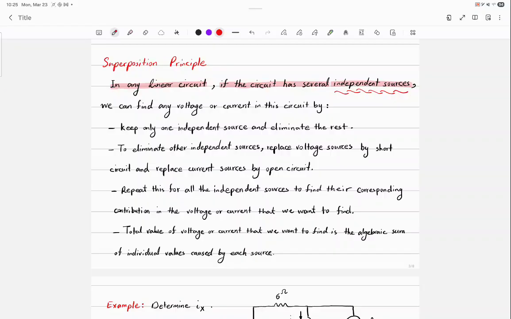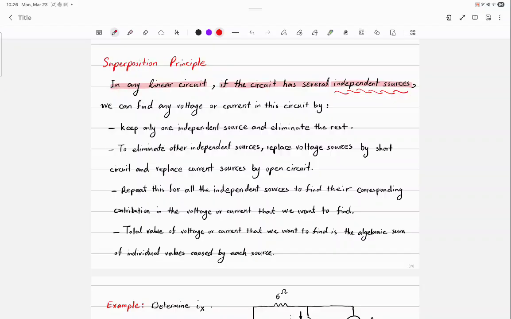Let me give you a specific case. So I'm allowed to remove all of them and keep only one of them in the circuit and analyze it, right? So imagine that you have 10 sources. One of them is dependent, 9 of them are independent. If I remove the 9 independent sources, is there anything else to even analyze in the circuit?